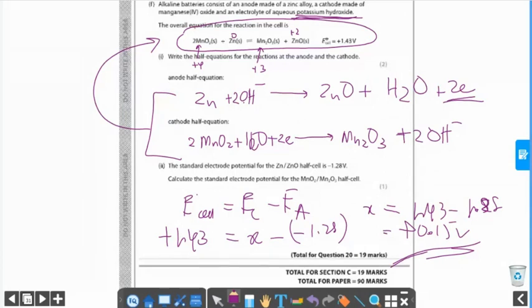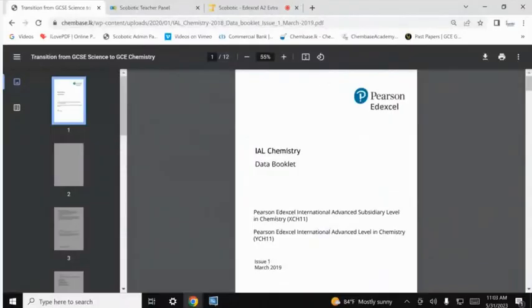No questions? Fine. So we have done all the paper 5s from 2019 onwards.